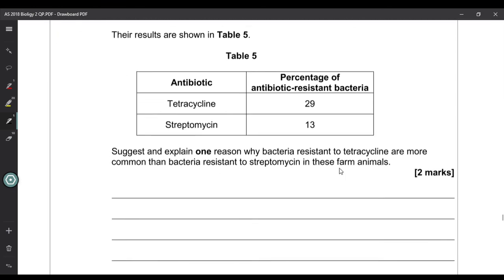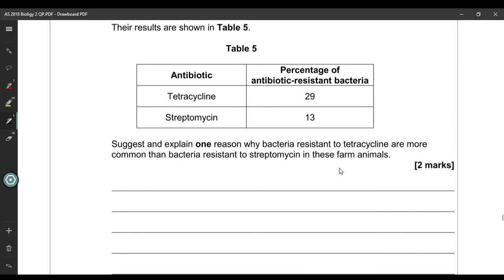Suggest and explain one reason why bacteria resistant to tetracycline are more common than bacteria resistant to streptomycin in these farm animals. So you can see that the number for tetracycline is much higher than for streptomycin.